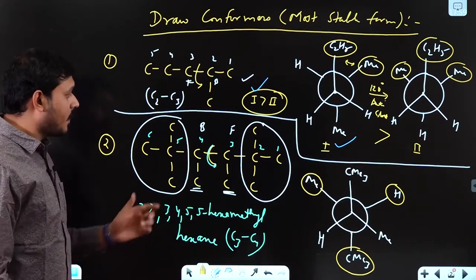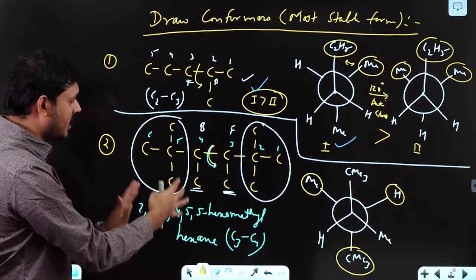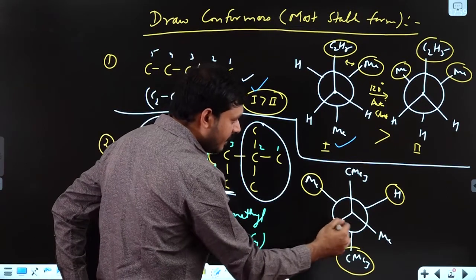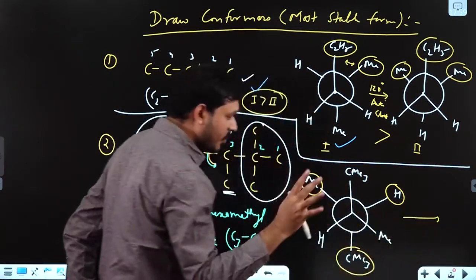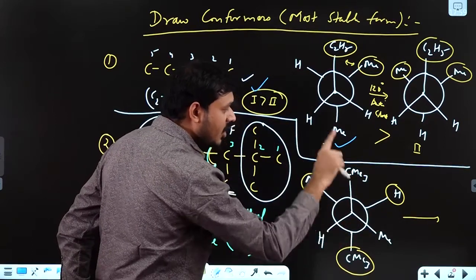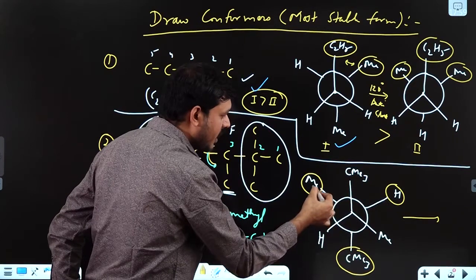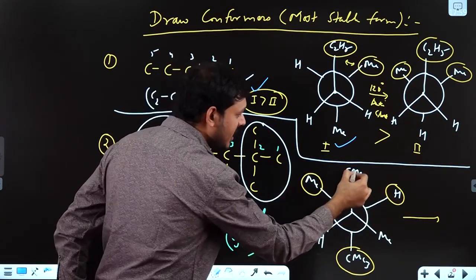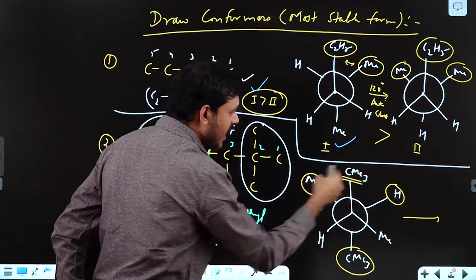I'll suggest you keep drawing all the possible cases of this compound. Let me explain. Suppose you rotate this by 120 degrees clockwise, so this hydrogen will come here, this CMe3 will move here, and this methyl will come here. So that is a case where this CMe3 has the CMe3 of the back side here and methyl here.